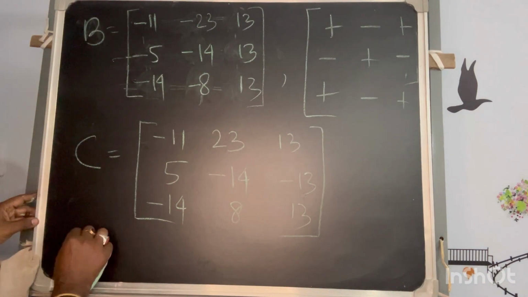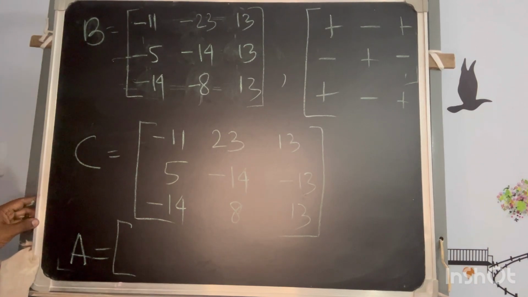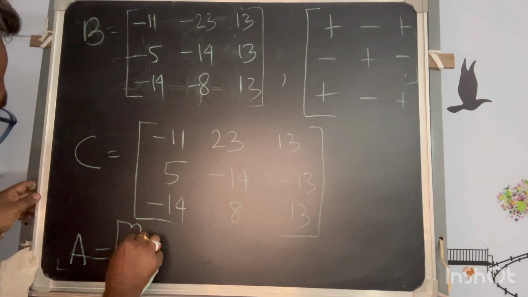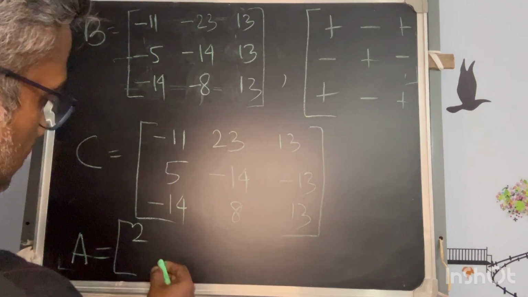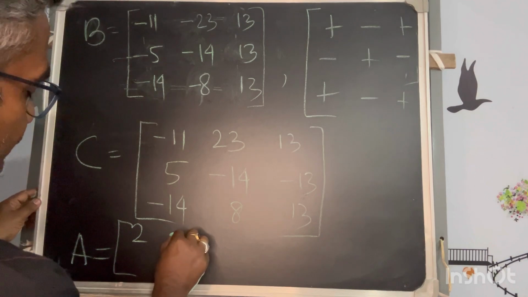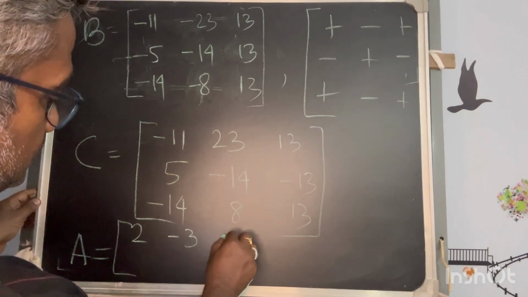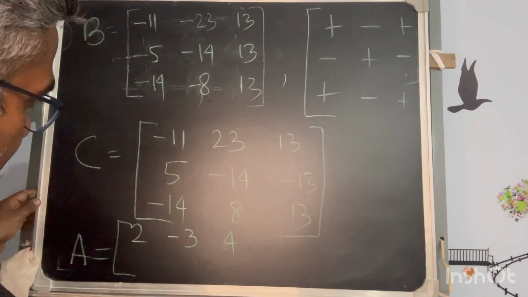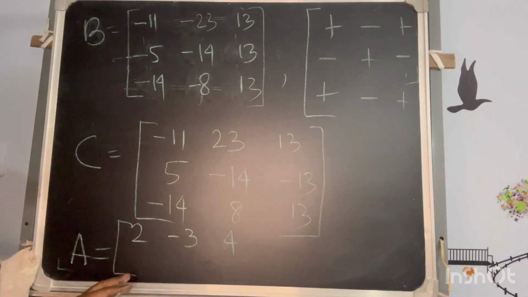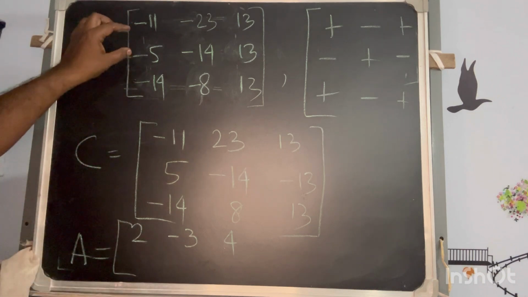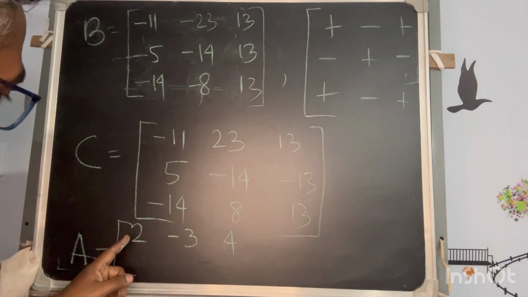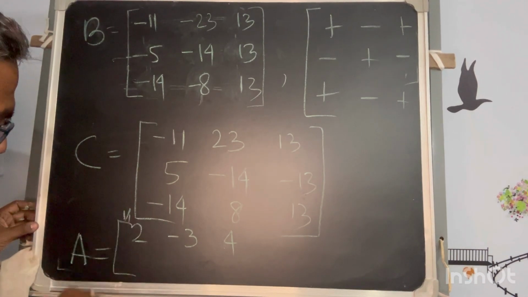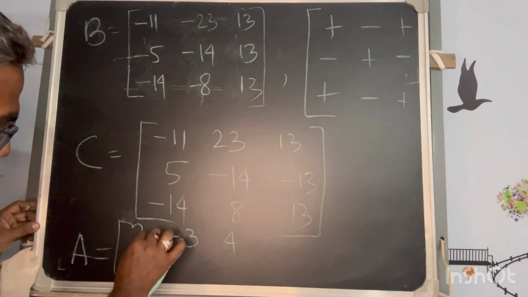So now my original matrix was what? I forget. Anyhow, this was 2, this I think I have taken as minus 3, this was 4. Rest of the things I forget. Anyhow, now if I can give an example, this was the original matrix, in first row and first column, 1 1. This is the position of 1 1.